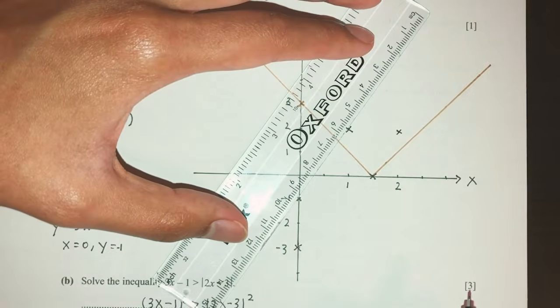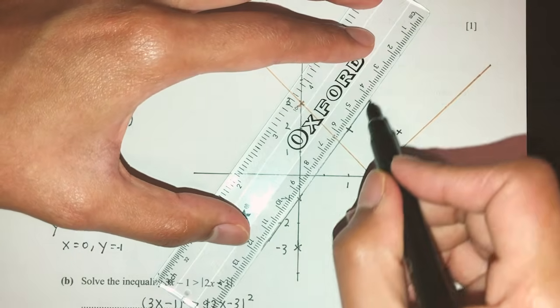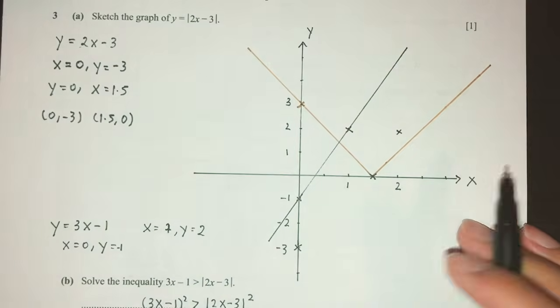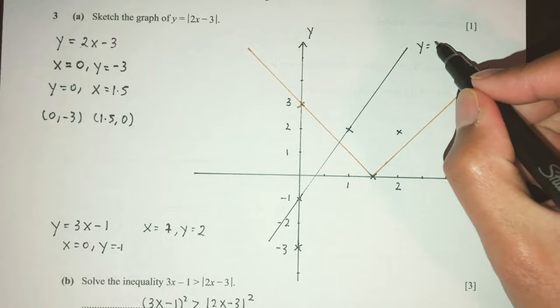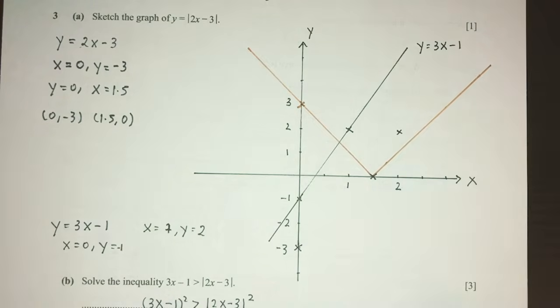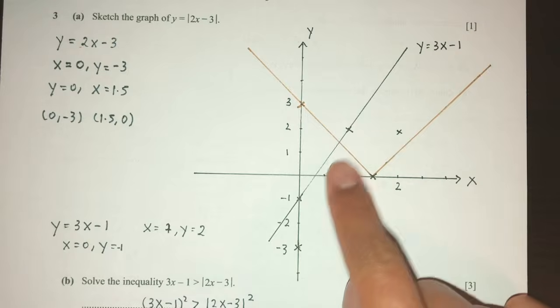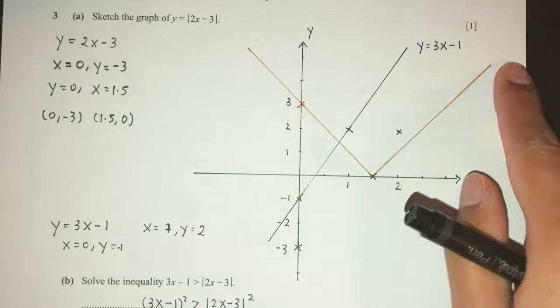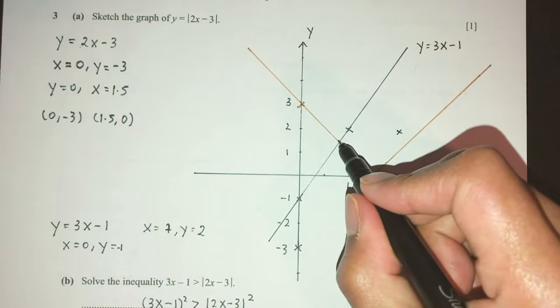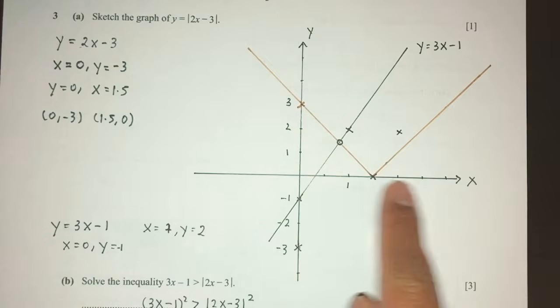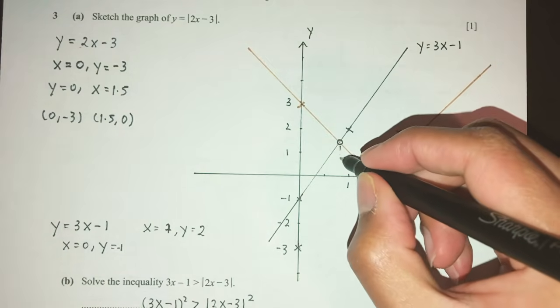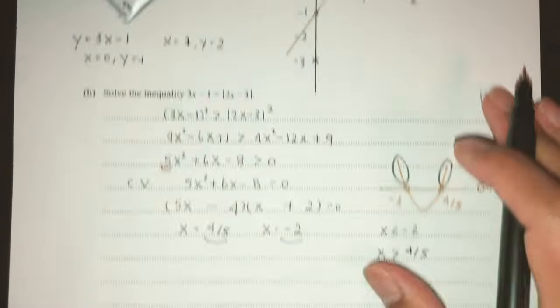Now let's join those two points, you will form your line. And this line will be y equal to 3x minus 1. So as you can see, it meets the modulus curve at only one point, and it is on the positive value of x. So this value here has to be a positive value, which is basically the 4 over 5.